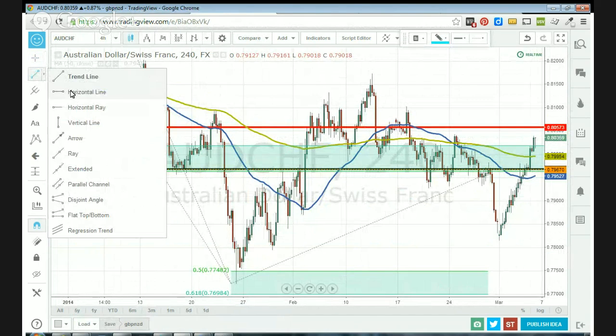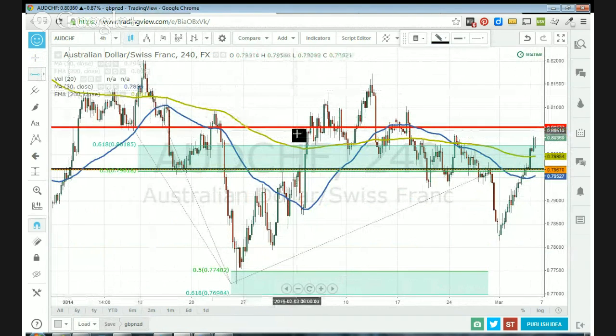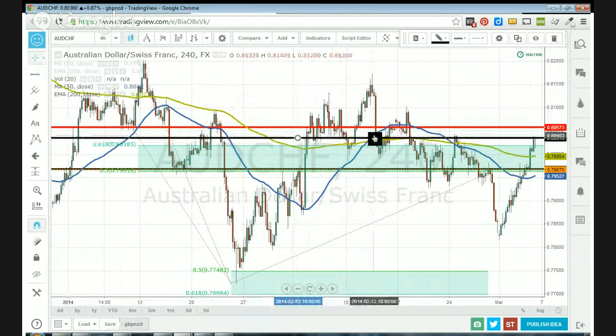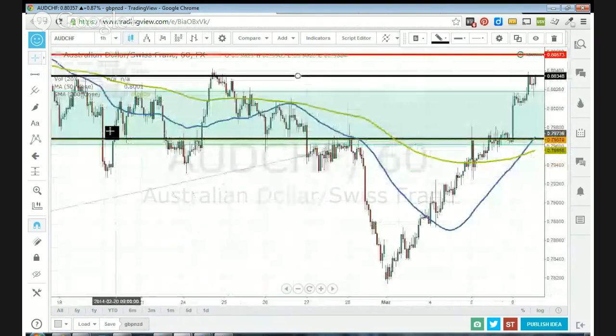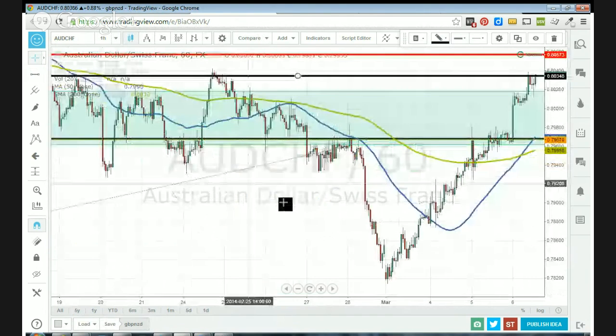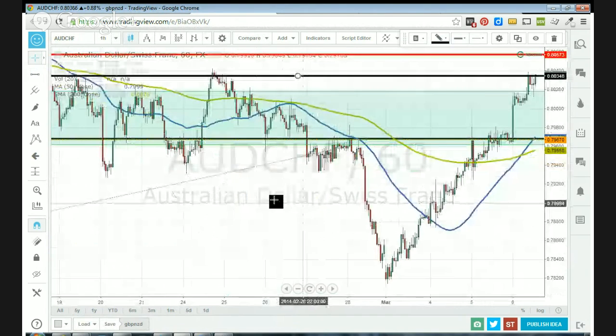So hopefully this level here the market is treating as a resistance level. This looks like it could be a shooting star candle, but we'll see. Let's see what it looks like on the hourly chart. Well, in any event, that's Aussie Swiss.